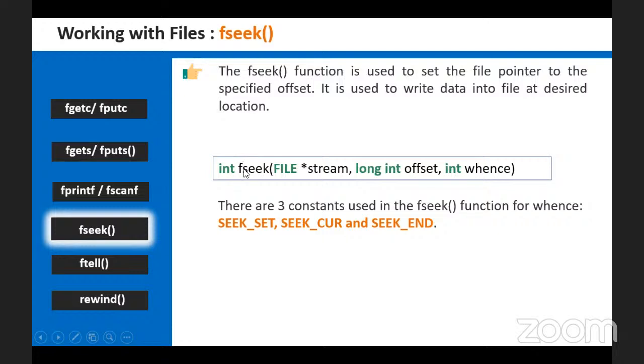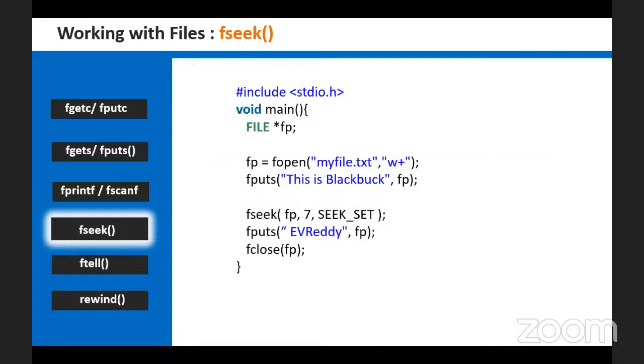Like that you need to specify, right? Similarly here also, you need to specify the end of the file you want to see, or with your current cursor position and all. So here by default we are going to use the SEEK_SET position.